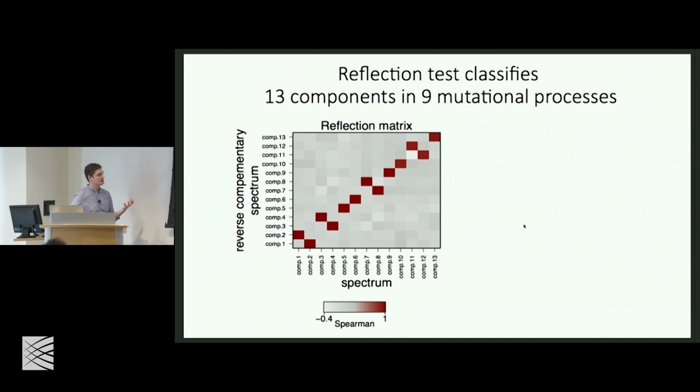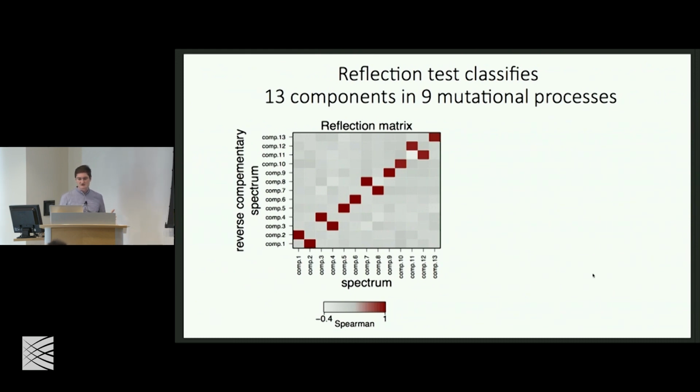And what we immediately saw is that basically all components were stratified into classes. Either a component is correlated with the reverse complementary of itself, like let's say component 6 or component 5, or there were pairs of components, where one component is correlated with the reverse complementary of another, but not with itself.